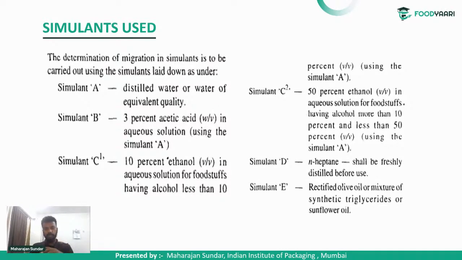Simulant E is rectified olive oil, or a mixture of synthetic triglycerides, or sunflower oil. We will take these simulants based upon the nature of the product. We will consider only one. We will take this simulant and pour it into the sample, and we will seal the sample, and we will keep it in an oven at the prescribed temperature for the prescribed time duration.